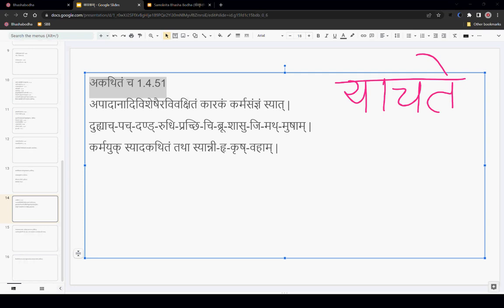Any other example? Bhikshukah dhanikam. The beggar asked money from the rich man. How do I translate that? Dhanam yachate. Bhikshukah dhanam yachate. So in yachate, what is the ipsitatama?